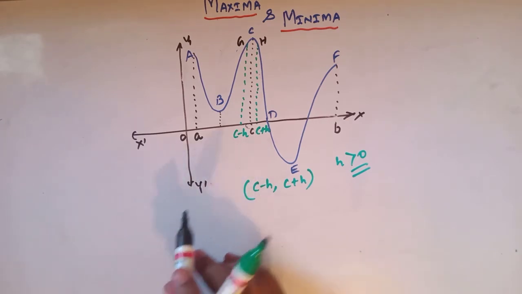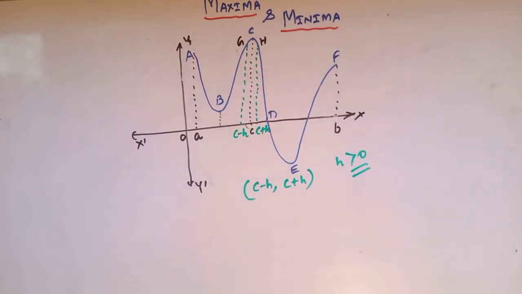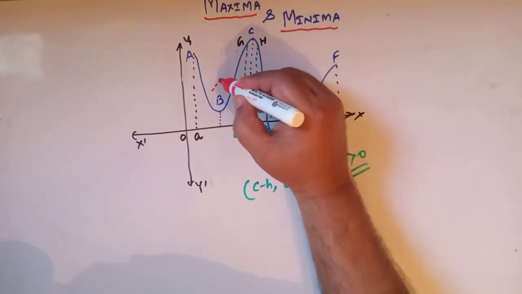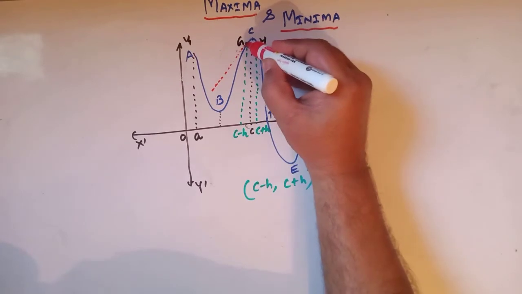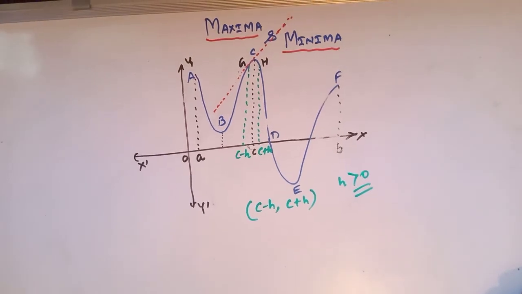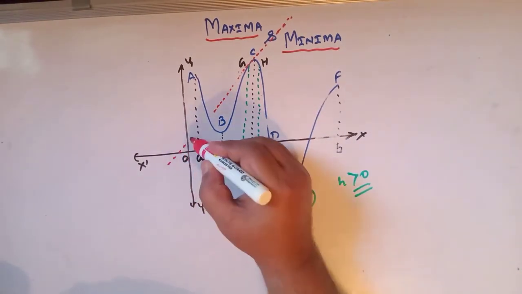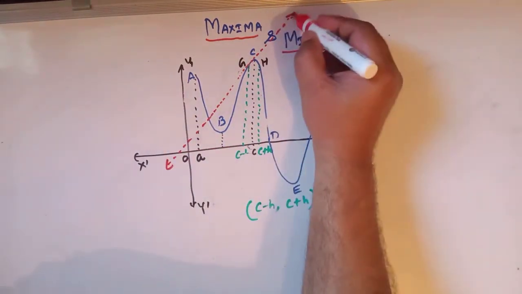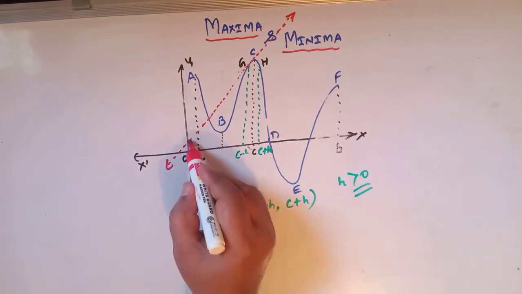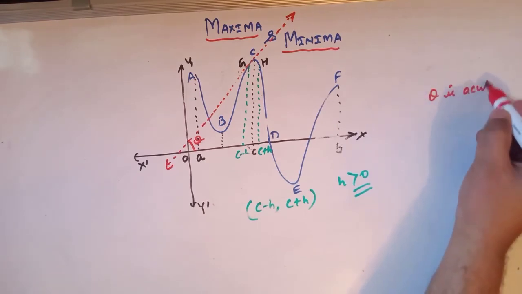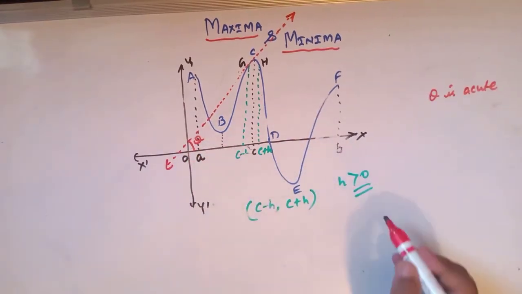Clear? Now we will draw tangents to these points G and H. Okay, now let us draw the tangent. Now I am drawing the tangent at this point G. Okay, so this is the tangent. Clear? So viewers, this is the tangent at this point G. Now we see that this angle is theta, and theta is acute because theta is less than pi by 2.